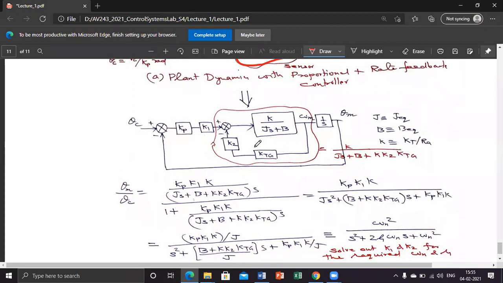What is the function of velocity feedback in this loop? You can see here, it is directly producing a term equivalent to the viscous damping, or through velocity negative feedback, you can increase the damping of the system.